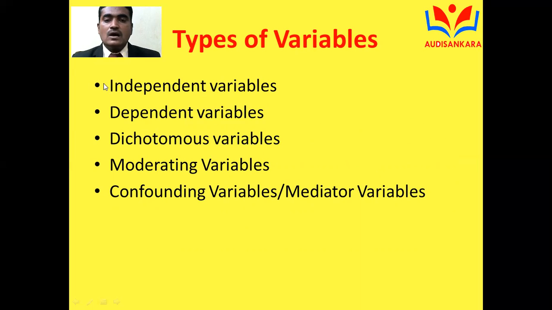And the next one, controlled variable and uncontrolled variable. A controlled variable is one which can be manipulated, which is possible to change, which is possible to alter. Basically, a controlled variable is able to manipulate things. All independent variables will fall under the category of controlled variables, and all dependent variables will fall under the category of uncontrolled variables.